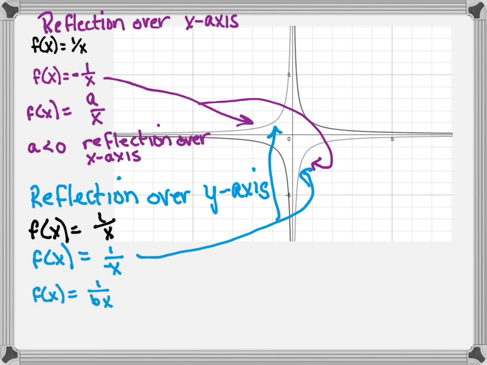So with f of x equal to 1 over bx, when b is less than 0, it's a reflection over the y-axis, which actually looks identical to a reflection over the x-axis. And that has to do with the rotational symmetry about the origin that our reciprocal function has.